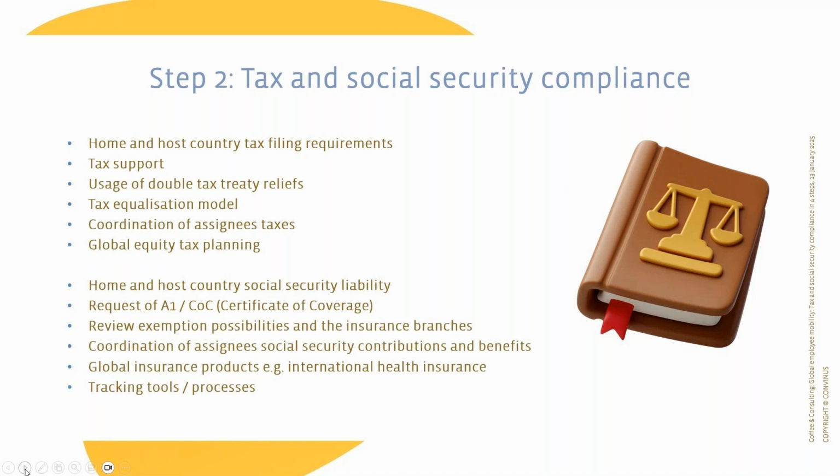The assignment starts on the 1st of January. Then basically, you know that in Switzerland for 2025, there should be no tax return filing requirement unless he has some private properties or anything else which might trigger a tax return filing.